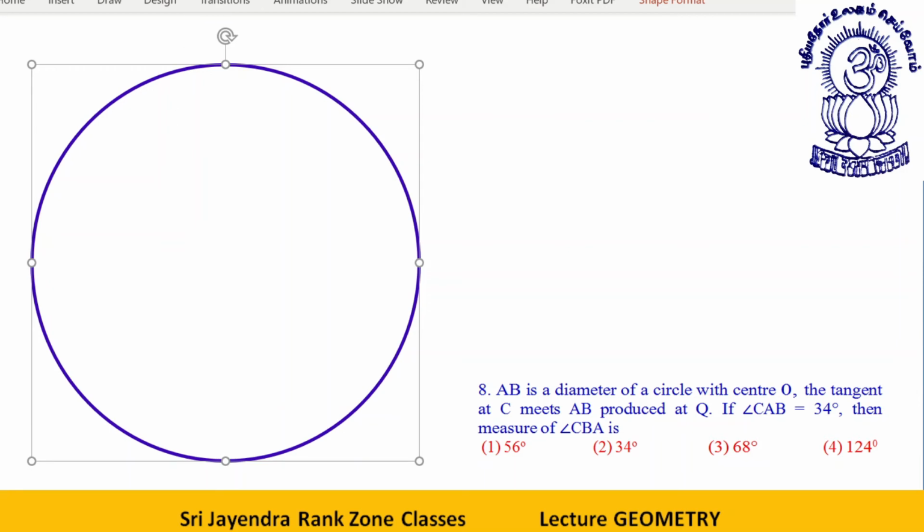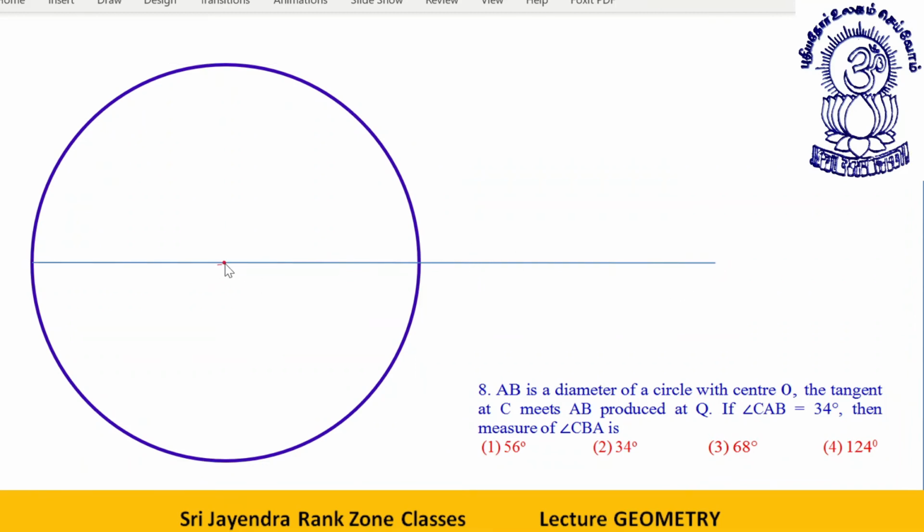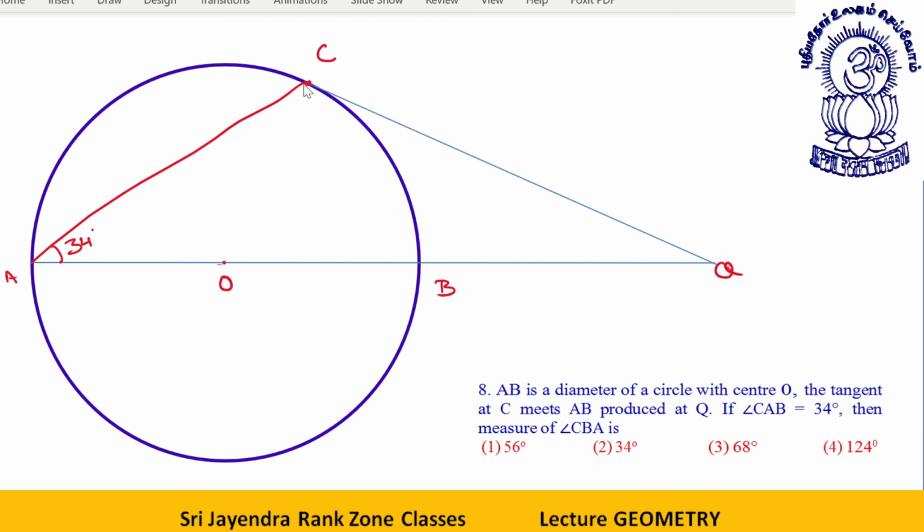AB is the diameter of a circle with center at O. The tangent at the point C meets AB produced at Q. This is A, this is B, and angle CAB is equal to 34 degree. You have to determine angle CBA.